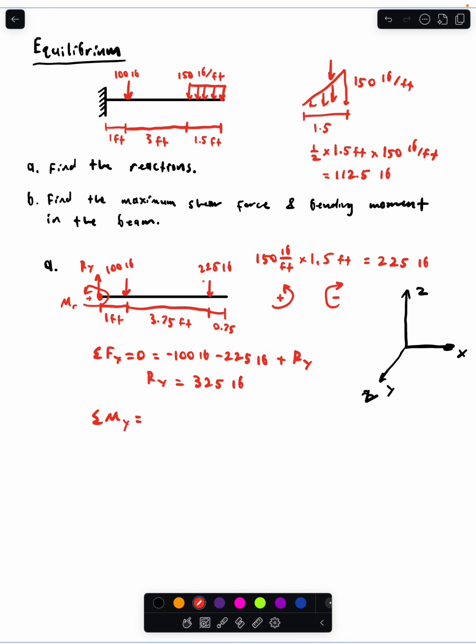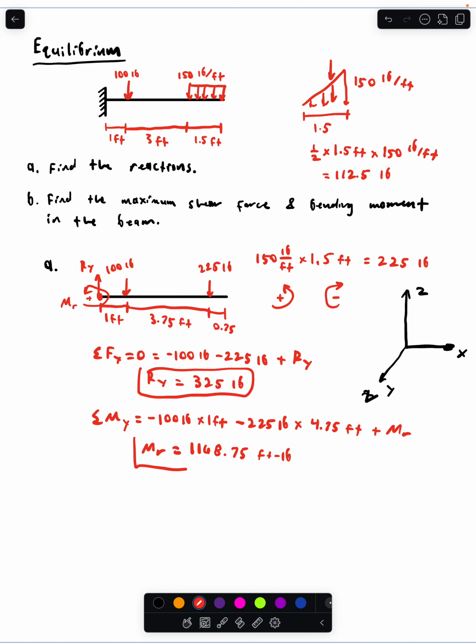To account for our 2 point loads, we do the force times the distance, and these are negative, so negative 100 pounds times 1 foot, and then negative 225 pounds times 4.75 feet, and then plus our reaction moment. So our reaction moment is going to be 1,168.75 foot-pounds. So these are the 2 answers to A.